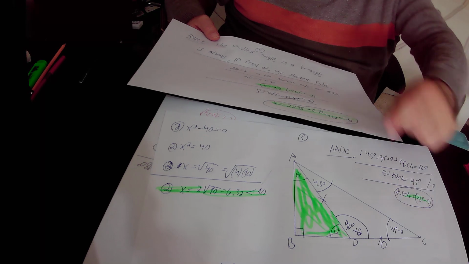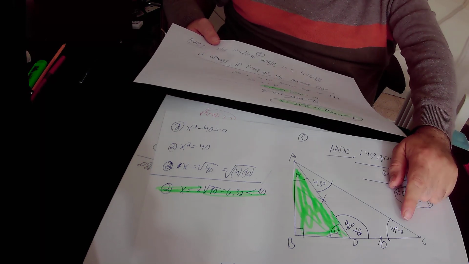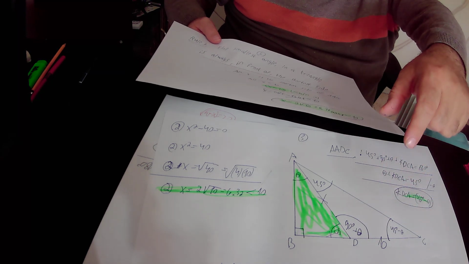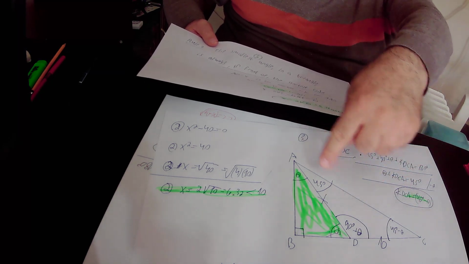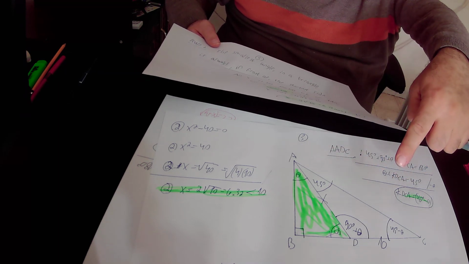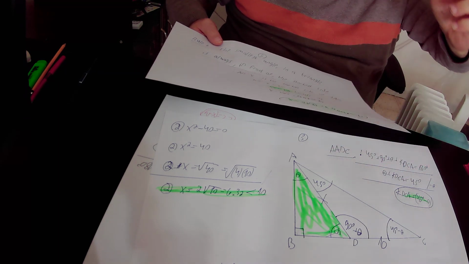According to rule number 2, the smallest angle is always in front of the shortest side. That is to say, AD, which is equal to X, is the shortest side in triangle ADC.